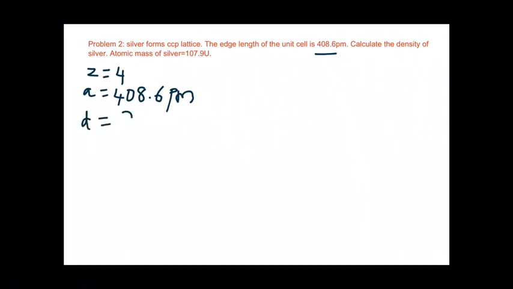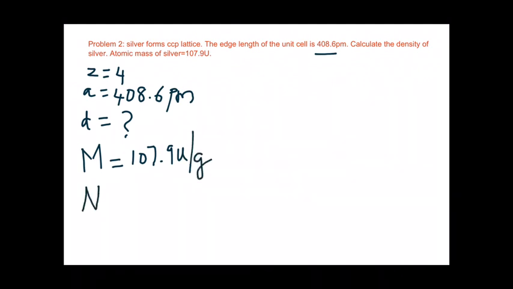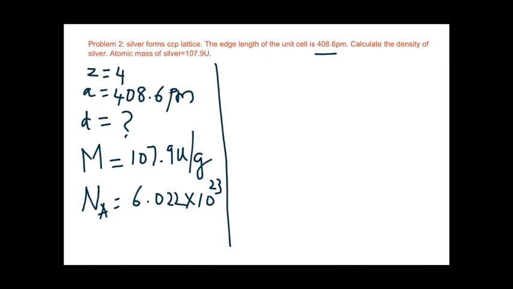So, density is unknown. The atomic mass, capital M, is given to us, 107.9 u or gram per mole, and Na we already know, 6.022 into 10 raised to 23. So we have this much information. The only unknown quantity is d, the density.